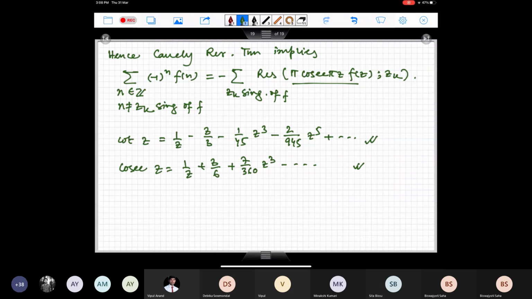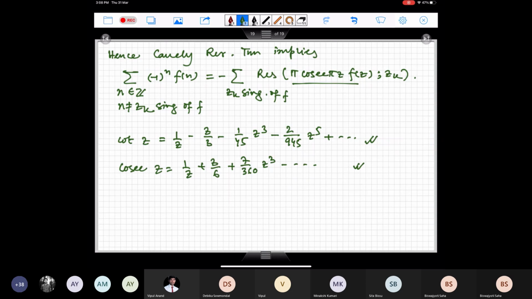Otherwise, of course, knowing the Laurent expansion also helps. Okay, so if you know the Laurent expansion, you will be able to do it easily, and therefore these are the Laurent expansions that we have.